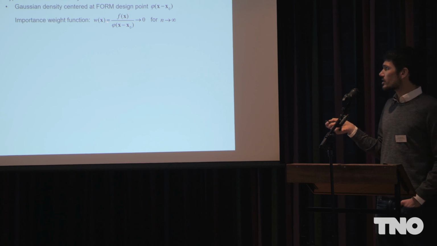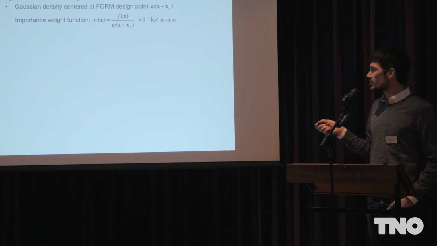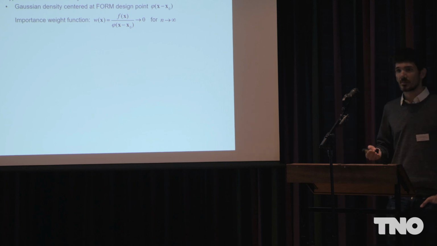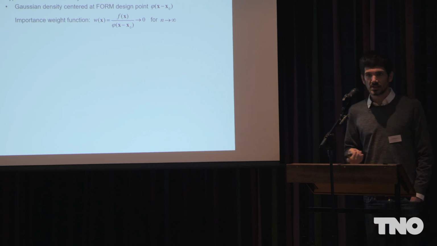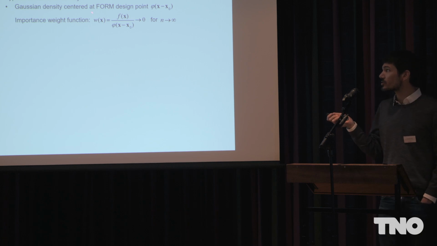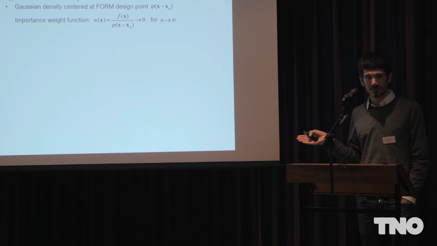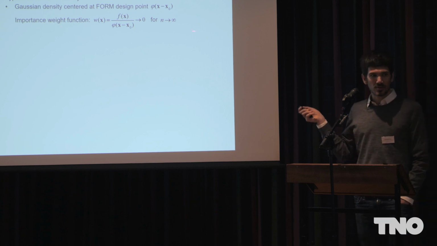This importance sampling function leads to an importance sampling weight function that goes to 0 when n, which is the dimension of the random variable space, goes to infinity. This means that the distribution, because actually the mean of this weight is always 1, okay? However, it goes to 0 for n going to infinity.